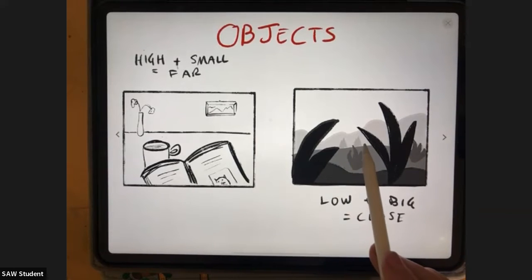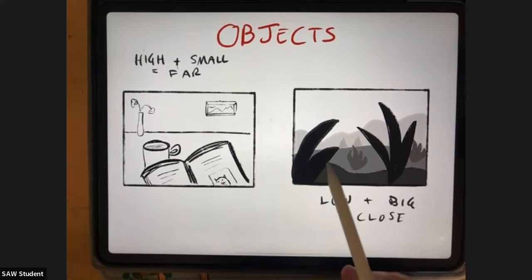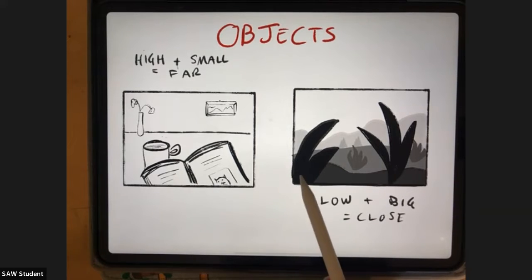And then there are these little tiny trees in the background on the mountain. They're higher up on the page, so they seem further away. This plant here seems the closest, even though both touch the bottom of the drawing, because it looks like this plant actually comes down lower. So it's even lower, even though the bottom of it is cut off.